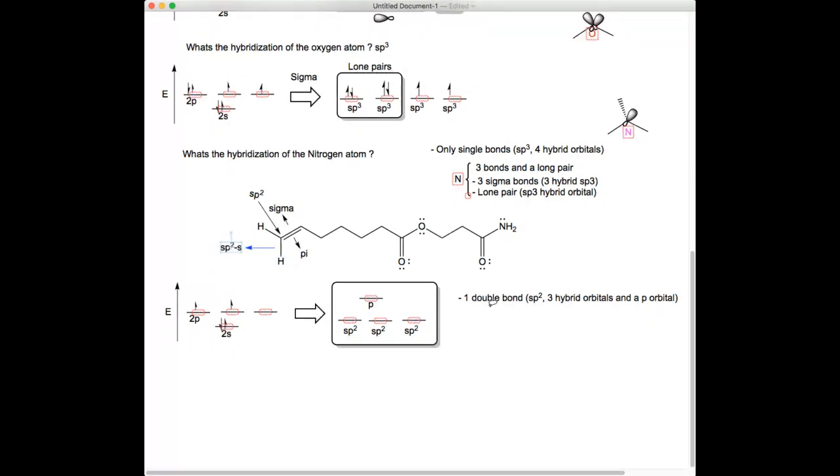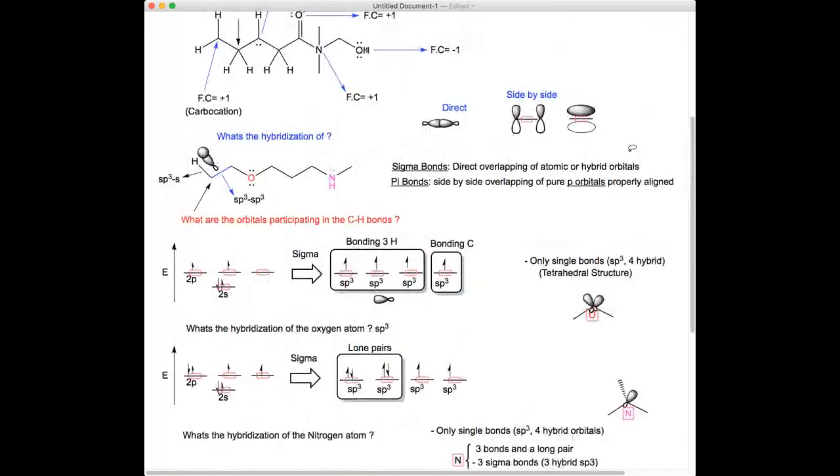The other thing that I want you guys to really understand is that the geometry of sp2 hybridized atoms is trigonal planar. The angle is 120 degrees. The angle between the sigma bonds is 120 degrees, right? And this is how the molecule is going to look.